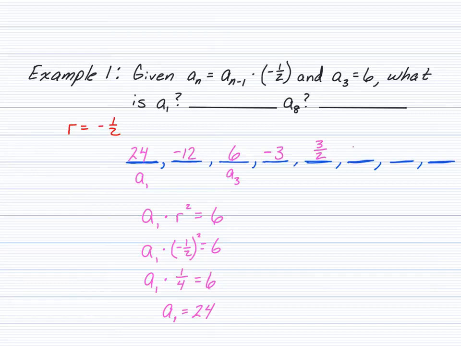Times negative 1/2 again is negative 3/4. Times negative 1/2 is positive 3/8, times negative 1/2 is negative 3/16. All right, so that means our a sub 1 that we were looking for was 24, and a sub 8 is going to be negative 3/16.